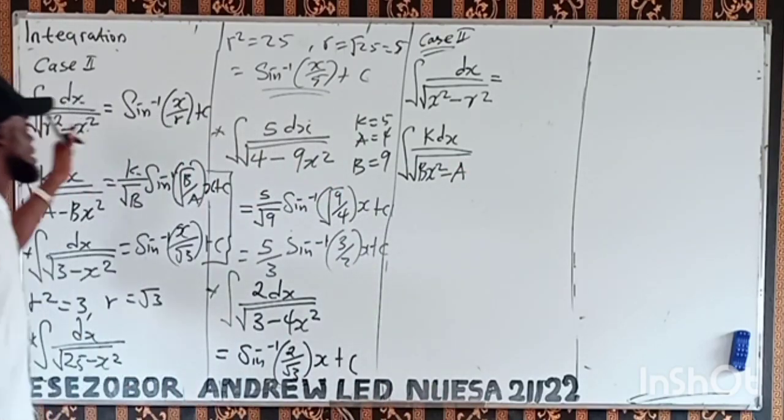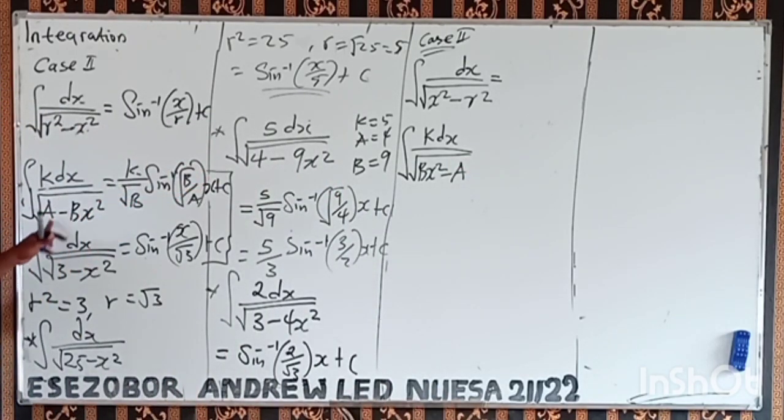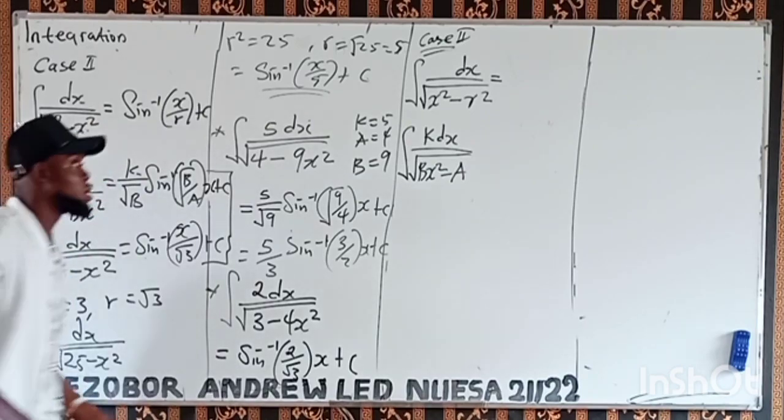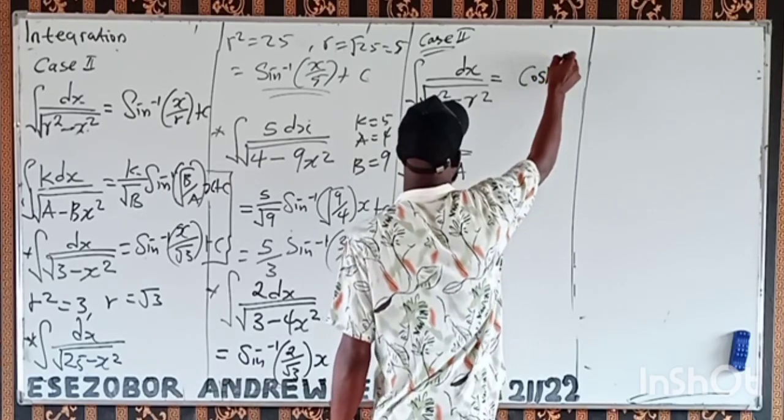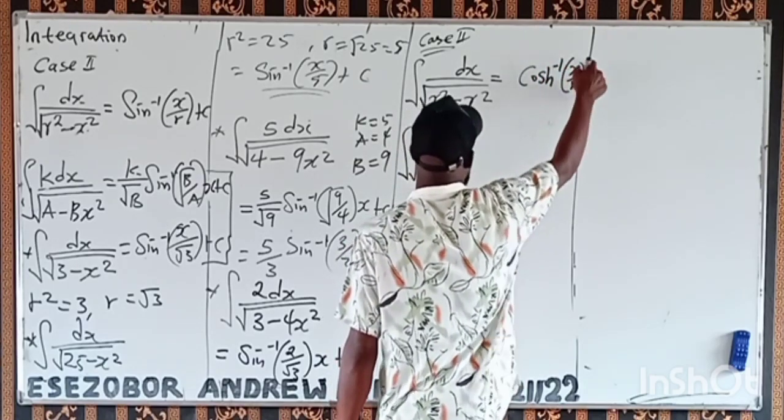Just like this other one, we are interchanging the denominator. Instead of r squared minus s squared, we are now doing s squared minus r squared. If we interchange this one, will the answer still be the same? No. The answer becomes cos inverse of s over r plus c.